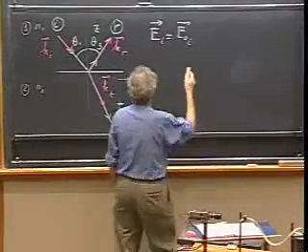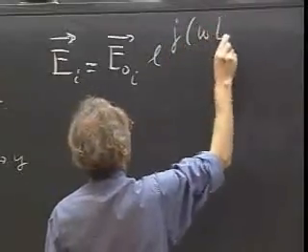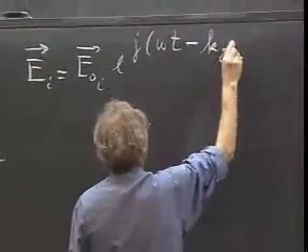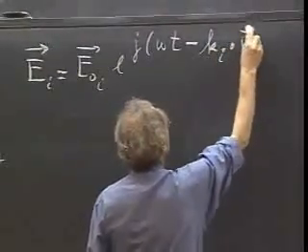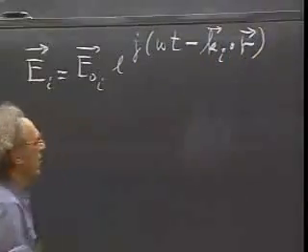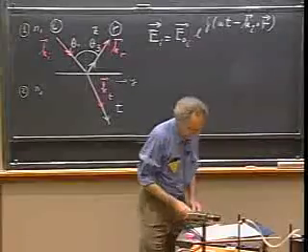And then, if you prefer, I can write it down in the complex notation, omega t minus k of I dot r. And this is the vector. But if you like to write it down as the cosine, that's fine too, of course. And so this is the incident wave.